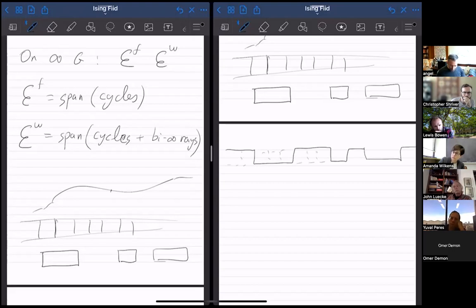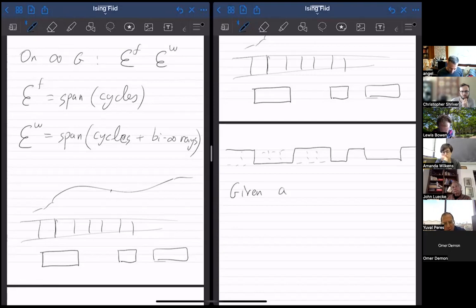So these are the wired and free even subgraphs, and they are related to what is needed to get the wired and free loop O(1) models. So how do we take a uniform element in this subspace?